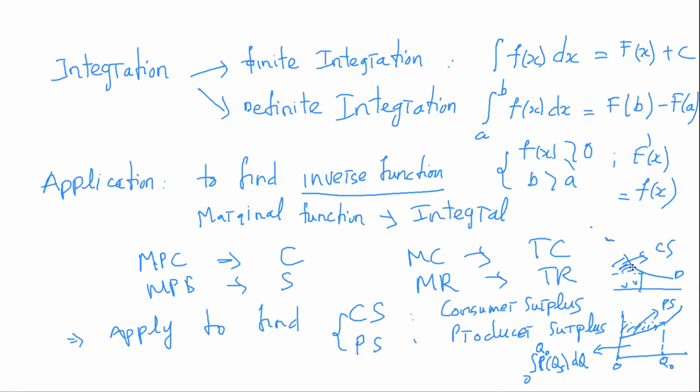Và chúng ta phải biết cách như vậy là đối với consumer surplus thì sẽ lấy integral trừ đi cái P0 nhân với Q0. Producer surplus thì sẽ ngược lại, lấy P0 nhân Q0 trừ đi cái integral của cái supply function. Như vậy chúng ta sẽ có producer surplus and consumer surplus. Okay.